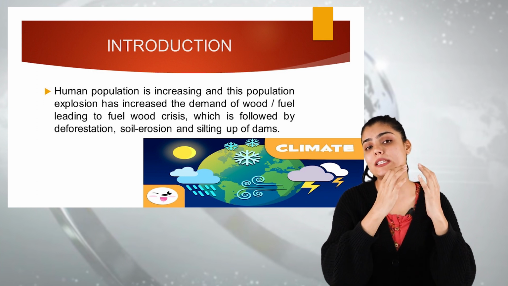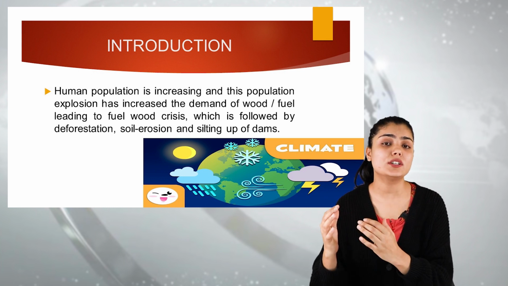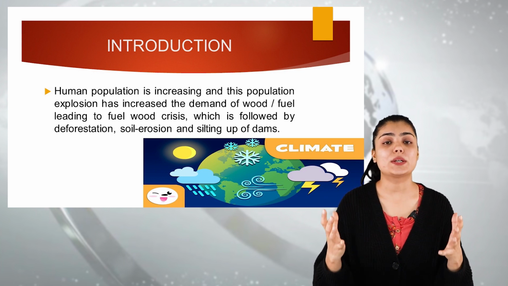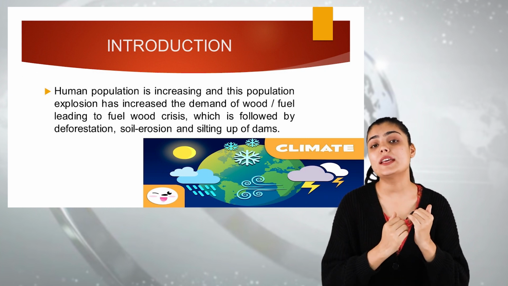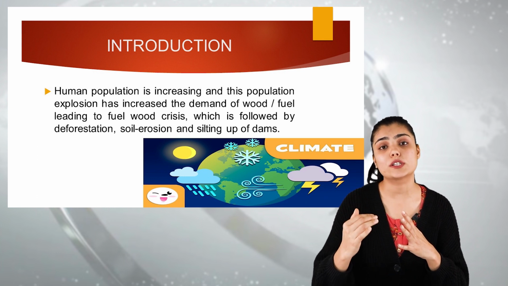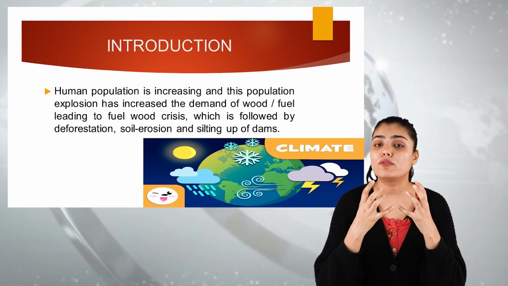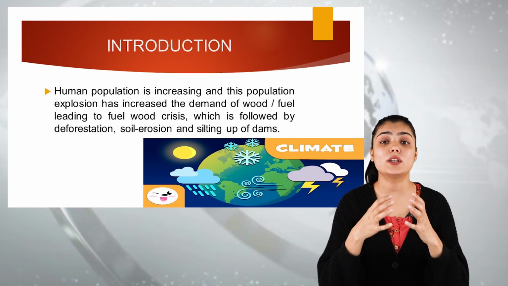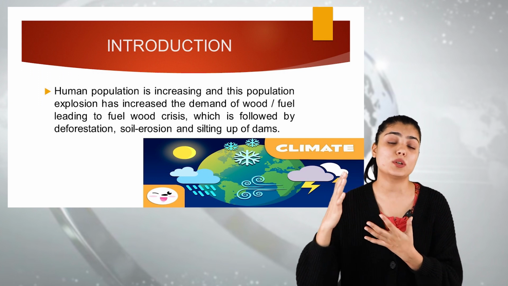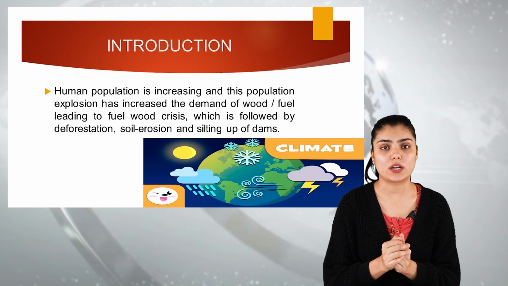The increase in population leads to increasing demand for resources, which in turn results in deforestation, soil erosion, fuel and wood crisis, etc. When there is a larger population, the amount of land required increases, the amount of fuel consumed increases, and the amount of food consumed increases. In order to accommodate so many people, we need to clear the forest and convert it into residential area, and therefore there will be deforestation.